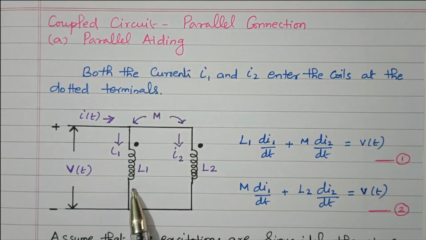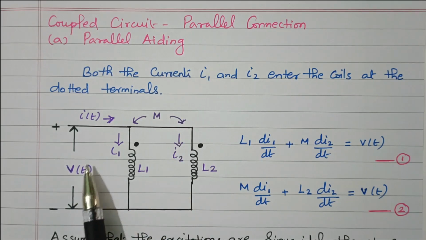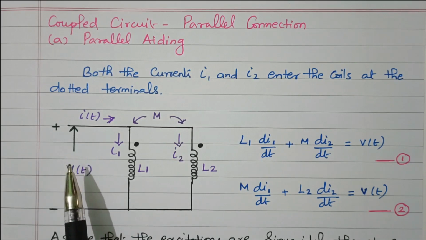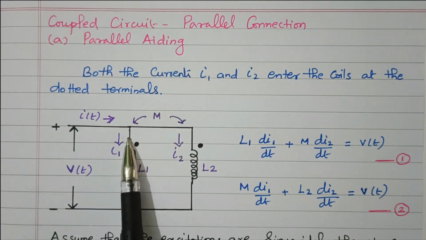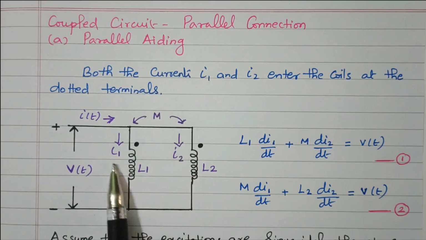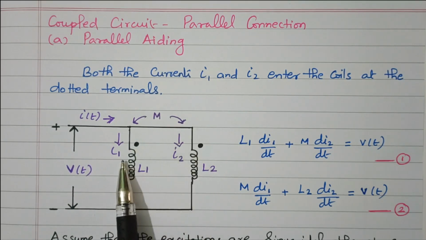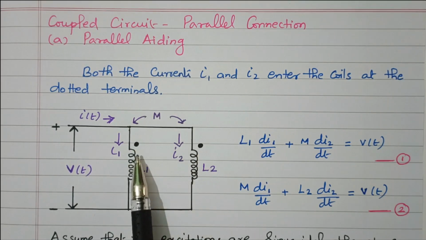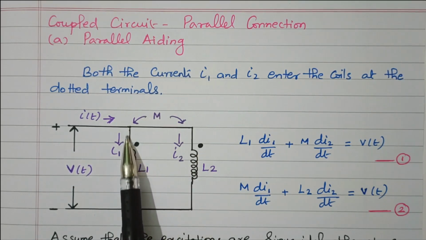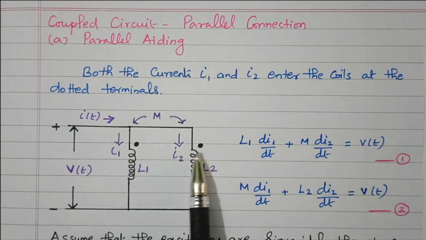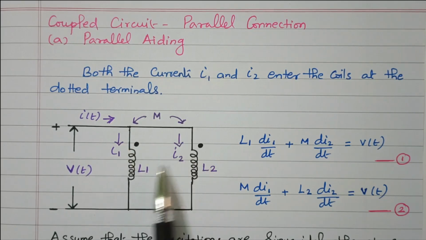Consider this circuit. Two inductors are connected in parallel, L1 and L2. V of t is the supply voltage. Then current I of t is flowing from the supply. At this point the current is divided into I1 and I2. The dot is available here. In both L1 and L2, current enters at the dotted end.